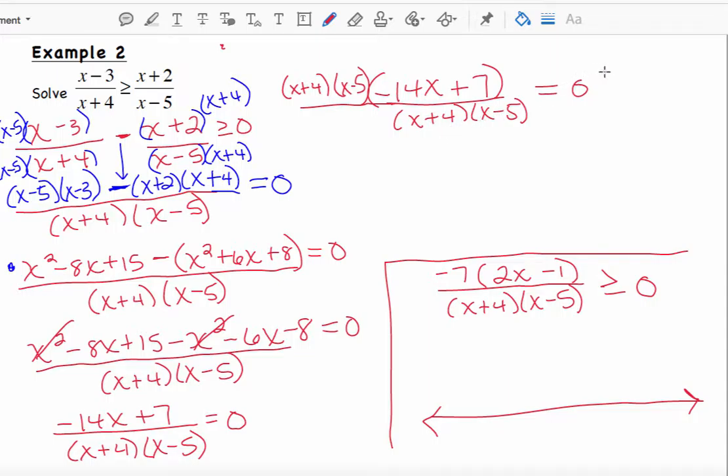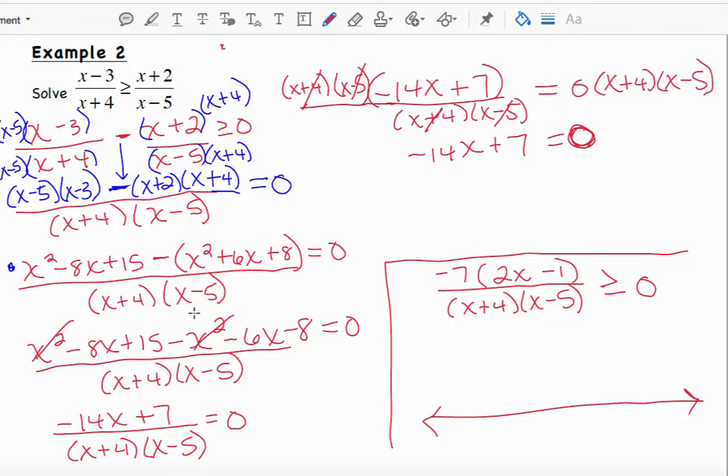What I do to one side, I do to the other. I multiply the right side by the same thing. X plus 4 times x minus 5. X plus 4 times x minus 5 times 0 is just 0. Over here on the left, those factors will cancel, and negative 14x plus 7 is going to come down.